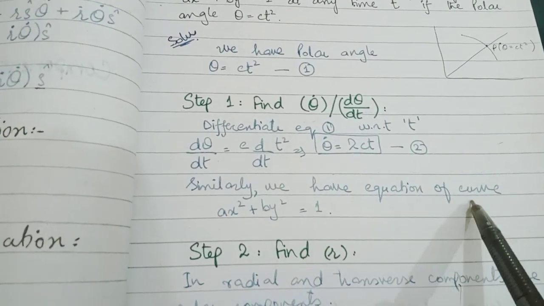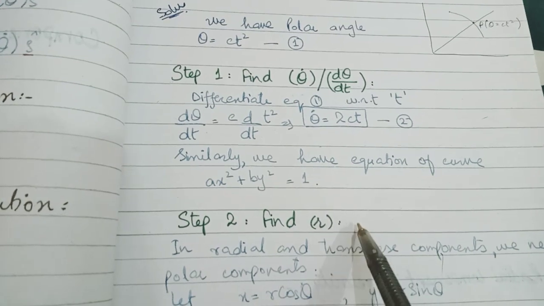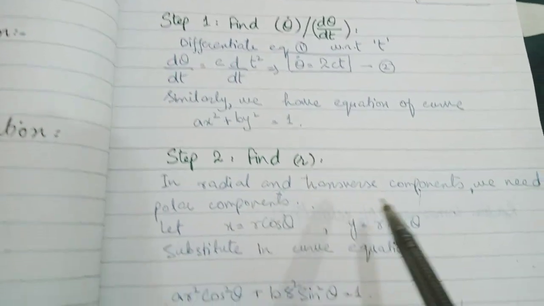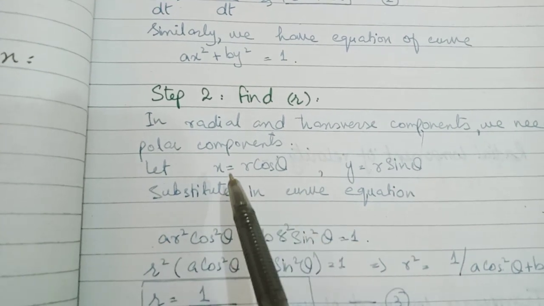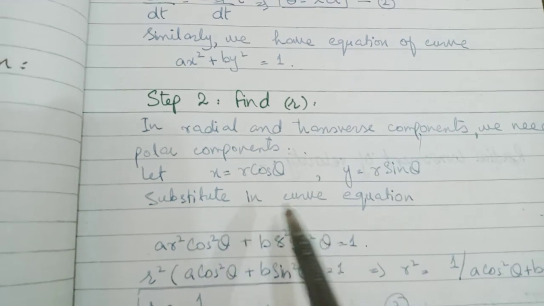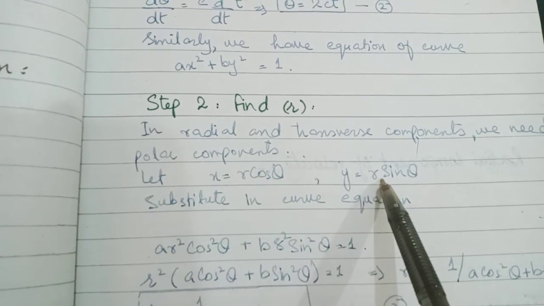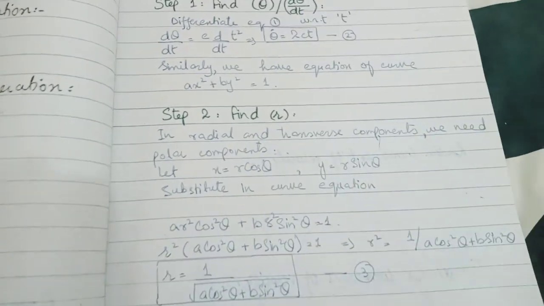Similarly, we have the equation of the curve, which is this, and now we have to find the value of r. We know that in radial and transverse components we need polar coordinates. So let's consider that x is equal to r cos theta and y is equal to r sin theta. Now we have to substitute these two values in the above equation.